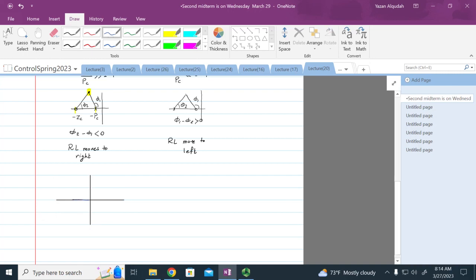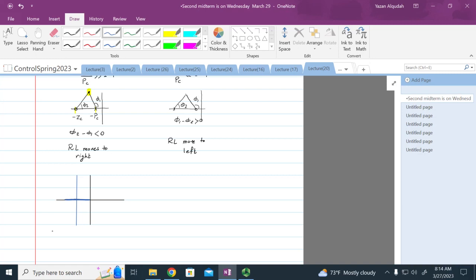Okay, so let's see if I have a system. I'm going to take an example of a system that has a root locus that looks like this. Does anybody know what system will have a root locus that looks like this? What is the system that will produce this root locus?